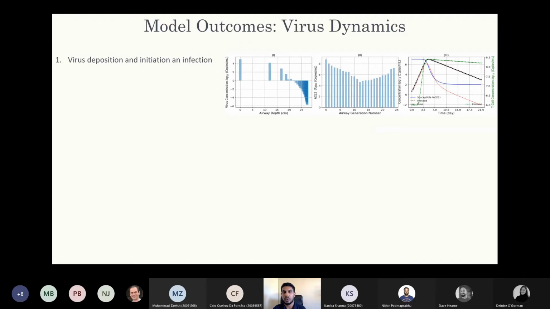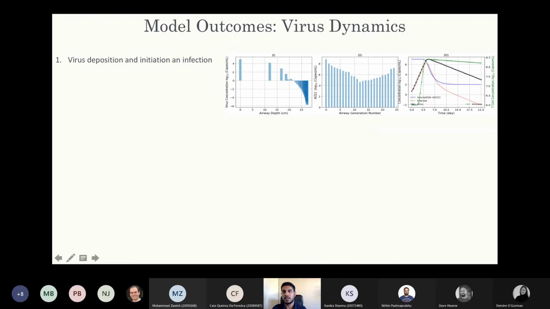That means ACE2 distribution. You can see the receptor cell density is high in both the upper and lower respiratory tract. That is why the infection mostly happens in the upper part, as well as the lungs.